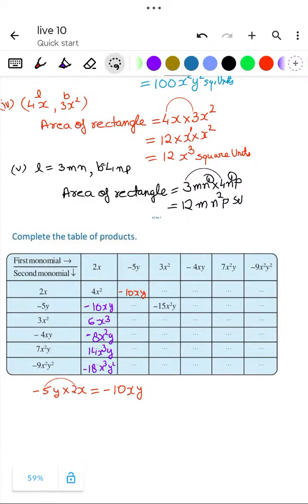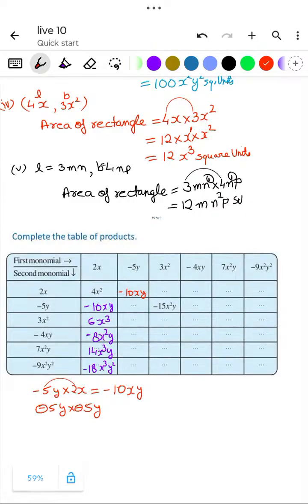Okay. Next is negative 5y into negative 5y and write the answer over here. Okay. So negative 5y times negative 5y. So on multiplying the digits, this is negative and this is negative.